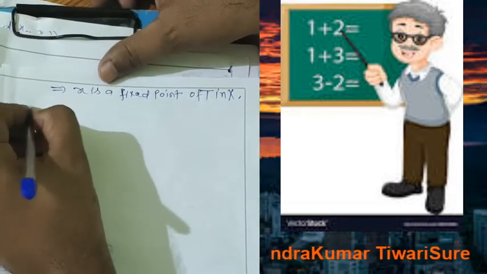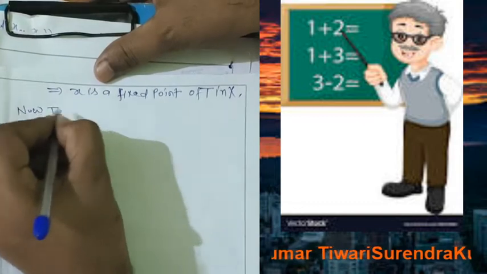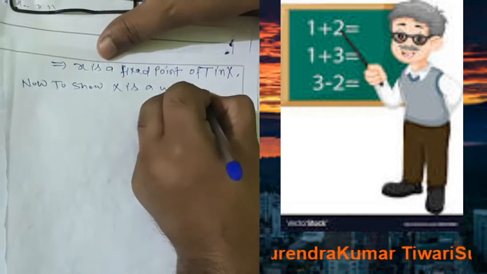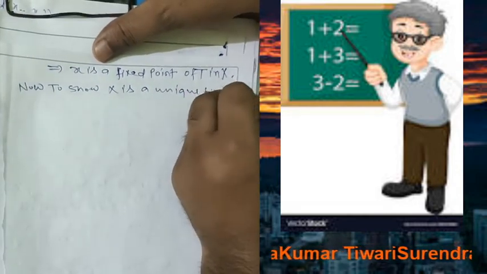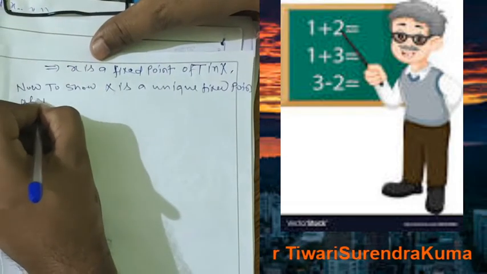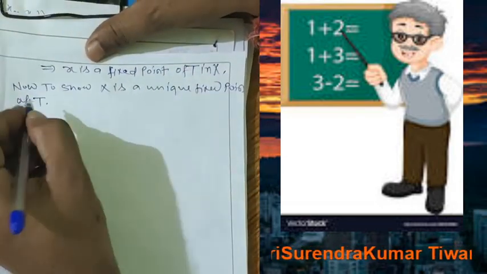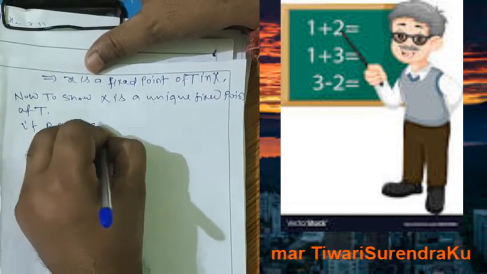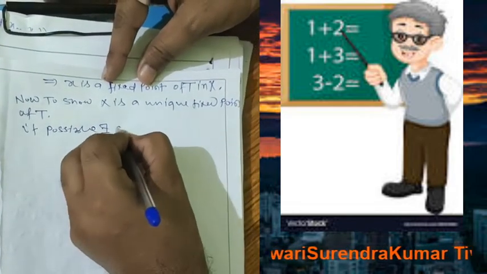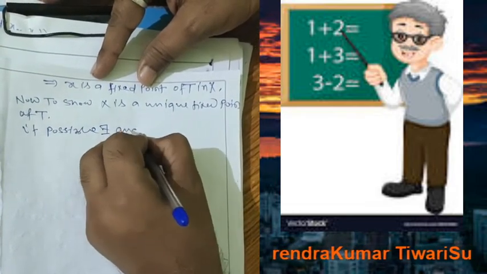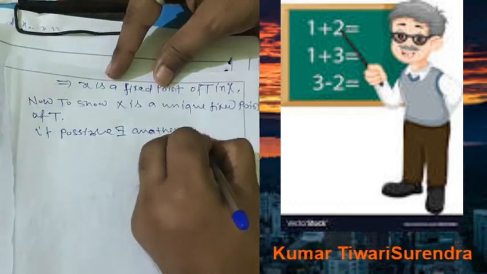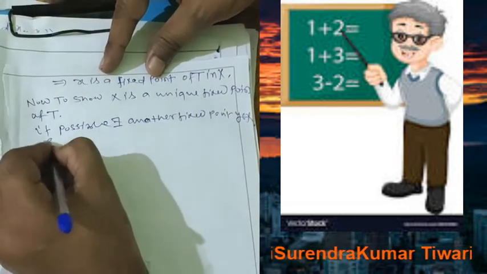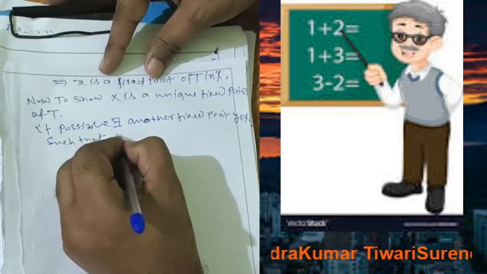Now to show that x is a unique fixed point of T, suppose there exists another fixed point y belonging to X such that x is not equal to y.